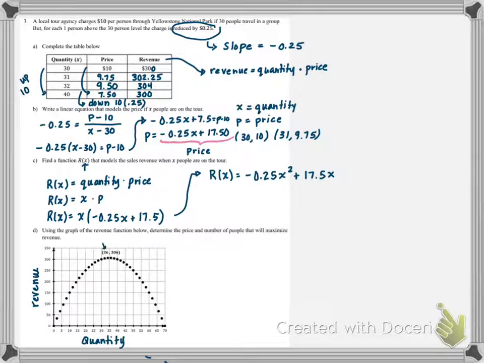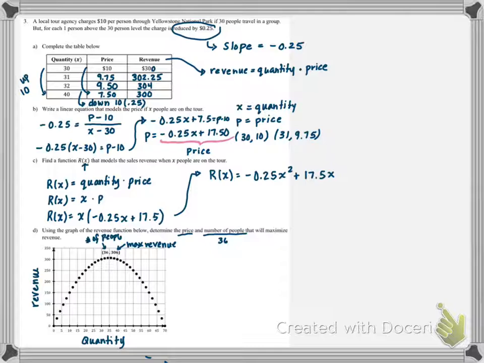So that means this is the number of people, and this is my maximum revenue. Now that I've labeled everything, I'm going to see what it is that I want. It says determine the price and number of people. So I know the number of people, that's 36. But the price I don't know.